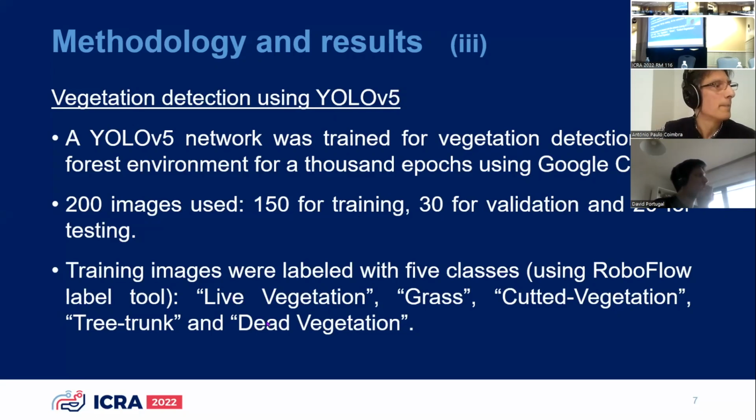The pictures were labeled with five classes: live vegetation, grass, cut vegetation, tree trunk, and dead vegetation. The training was done with 1,000 epochs, using Google Colab.